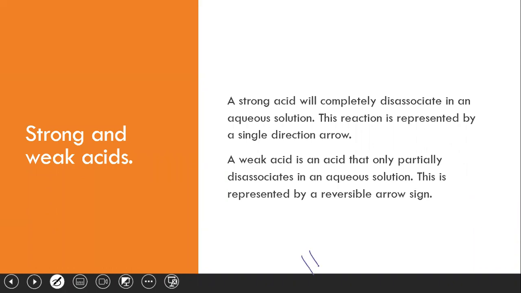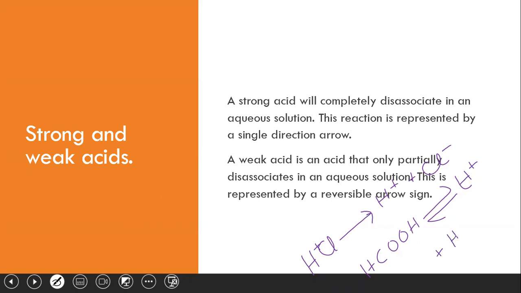So a strong acid is going to completely ionize in water. For example, if I have hydrochloric acid, it's going to completely dissociate, completely ionize to give me hydrogen ions. On the other hand, a weak acid is only going to partially dissociate, meaning that it is going to give me hydrogen ions and anions.